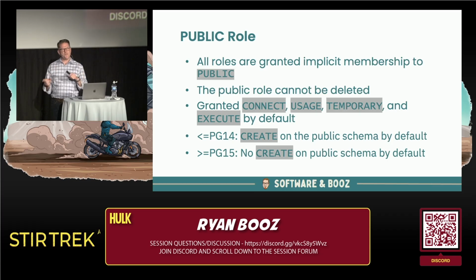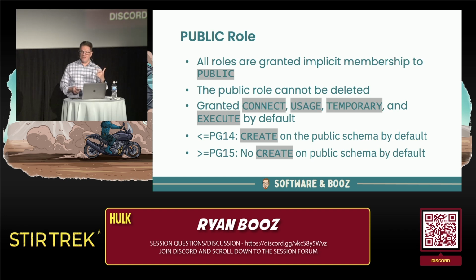Now, we get those 4 privileges through the public role. So we've already said in Postgres, by default, when it gets instantiated, we get a super user, and we get a database that is named the same as the super user, okay? There's always this other role called public. It's coded by default. You cannot remove the role. It just exists.